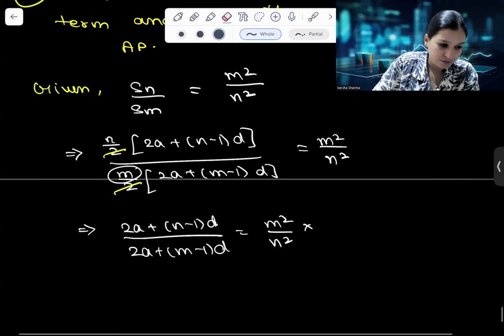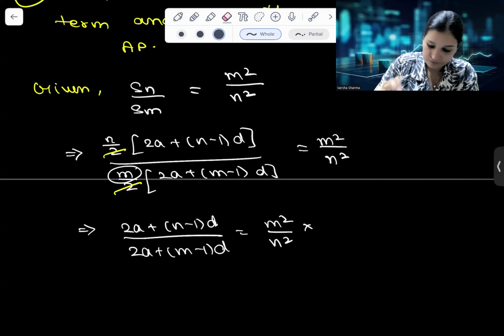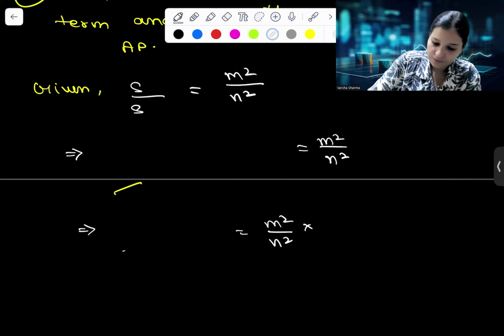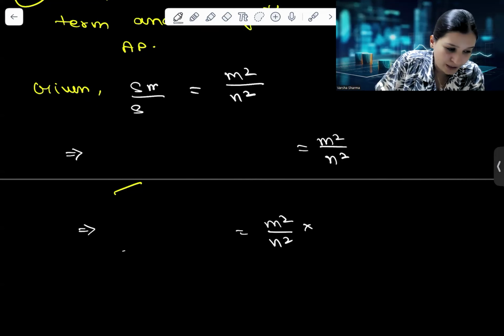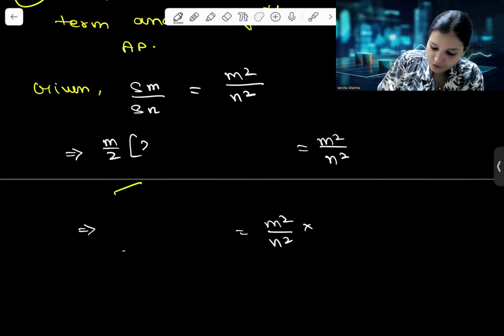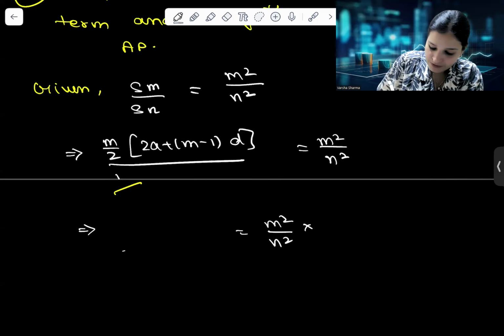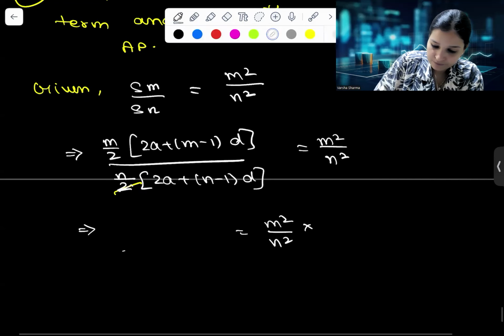My fault, I've written it wrong. None of you told me also. This part is wrong. It was sum of m upon n. So m by 2, 2a plus m minus 1 d, over n by 2, 2a plus n minus 1 d. So 2 and 2 get cancelled.